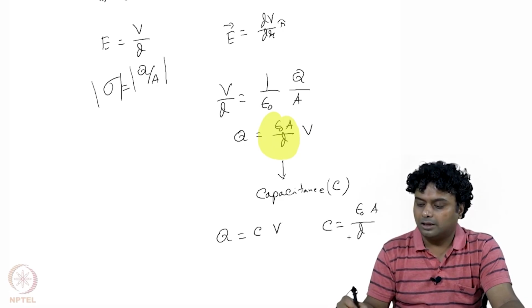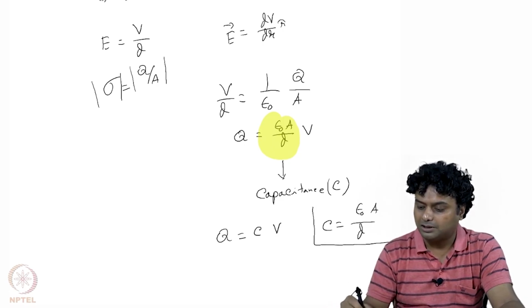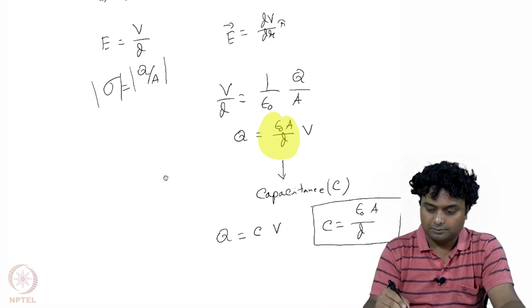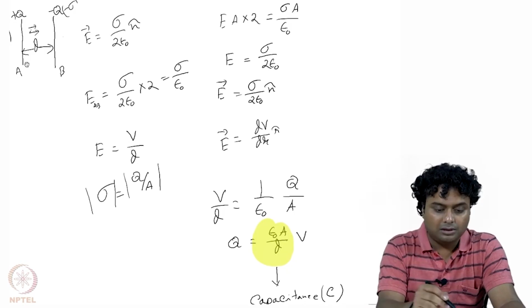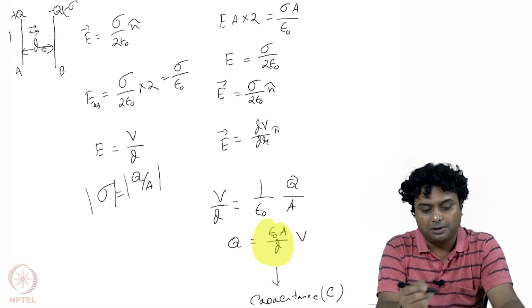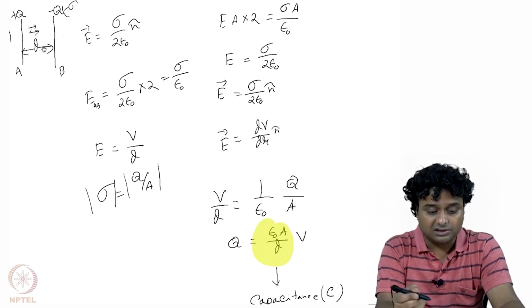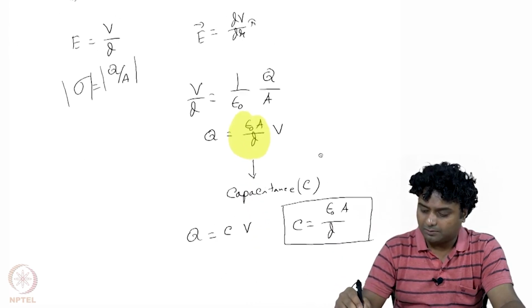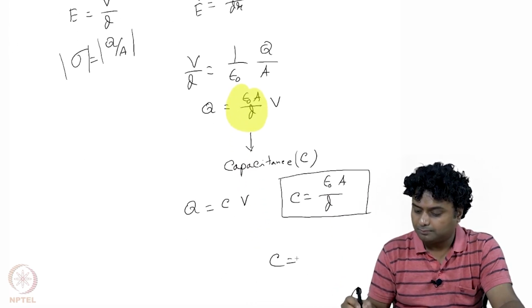So this is the expression for the parallel plate capacitor. And if we have, in between the parallel plates, any dielectric material of, let us say, some dielectric constant epsilon, then this expression will come as C equals epsilon A by d, okay.